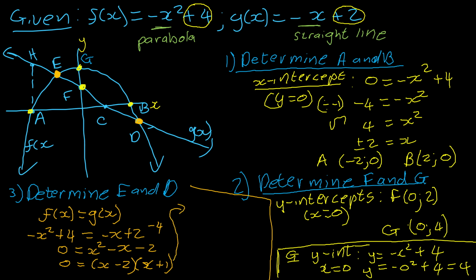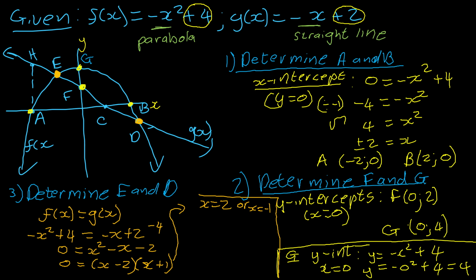So that means one x value is at 2, and the other one is at minus 1. But now this is not where we end, because this is only the x values, and we need to find the y values as well.